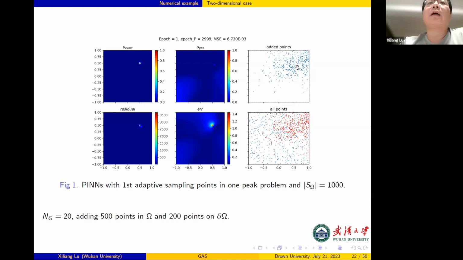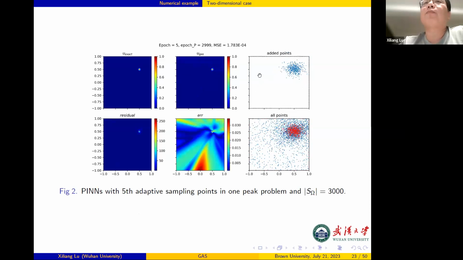After five iterations, inside the PINNs we train 3,000 times. After the 5 iterations, it's adding points or constraints on the singularities, so the maximum error decreases to 0.03.